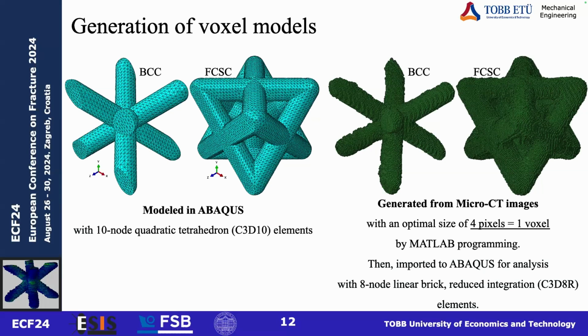And also for comparison purposes, I put the solid single cells simulated in Abaqus. But while analyzing, we use a different type of elements. We use tetrahedral, quadratic tetrahedral elements.